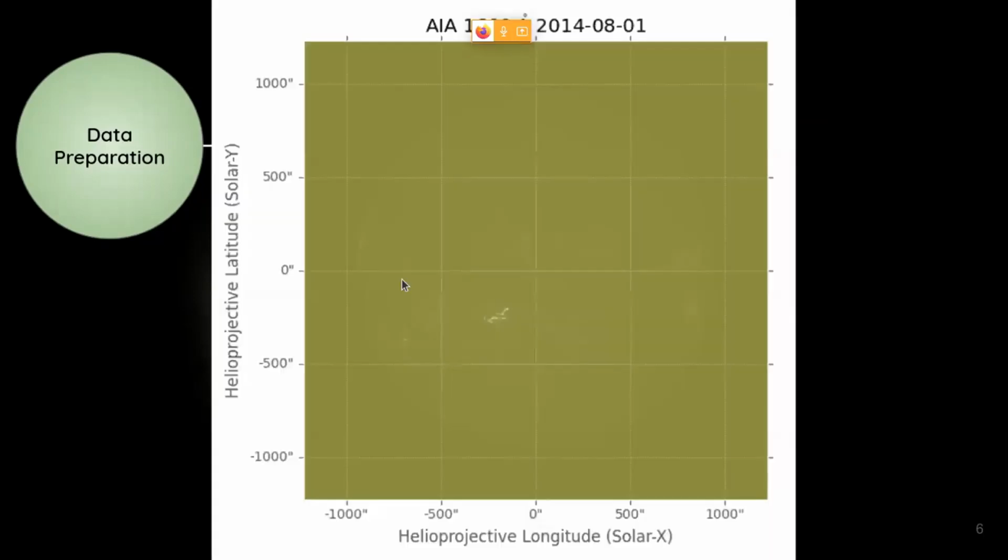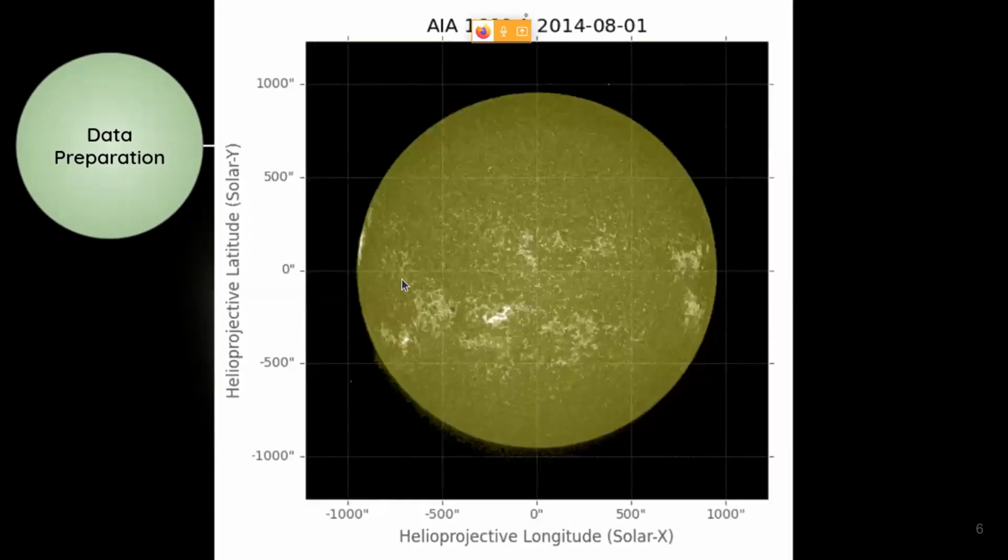As you can see, without any intensity clipping, nothing is visible. But after intensity clipping, this is the data we have. We see these large bright regions. These are the plages, and there's some background caused by granulation or network bright points. But that is something we don't want for our data. We want to eliminate that.